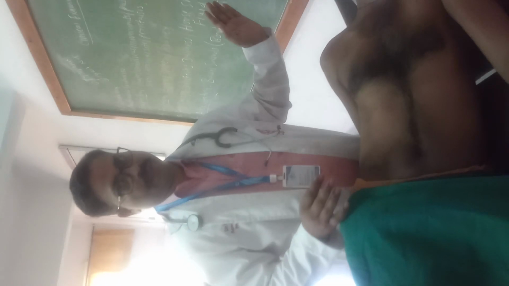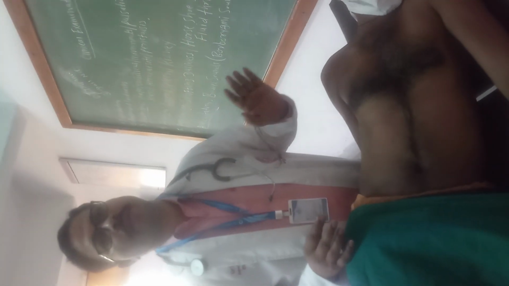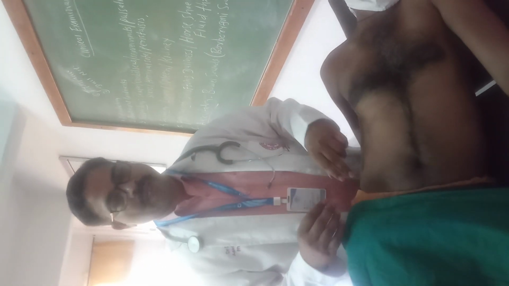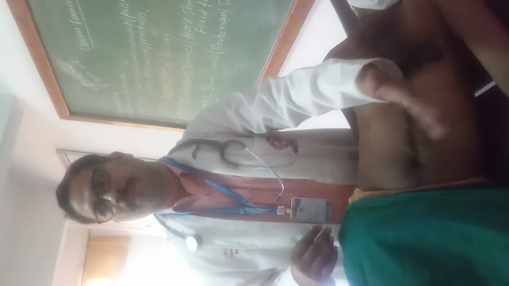When you ask the patient to turn to the other side, the dull note is converted into a tympanic note, because whatever fluid was accumulated in the right flank goes into the left flank because of gravity. So dull note is converted into tympanic note in case of ascites. This is called shifting dullness, which is present in ascites. Similarly, you have to do shifting dullness on the opposite side.